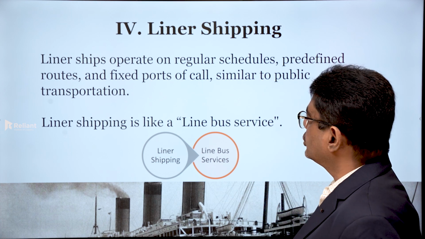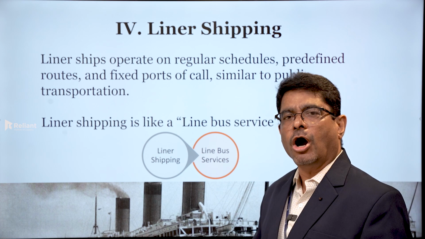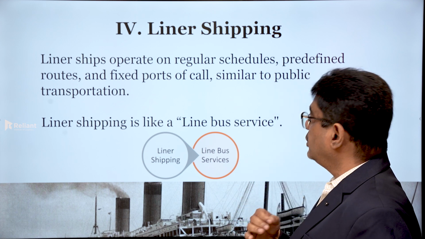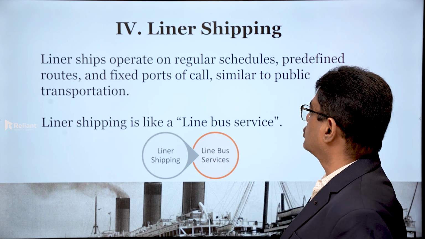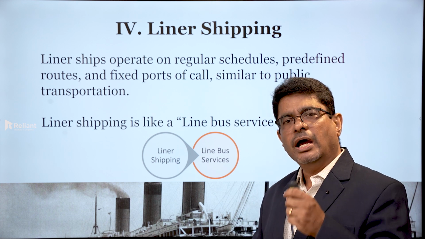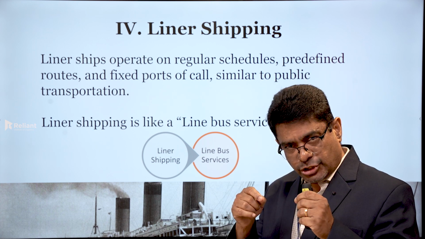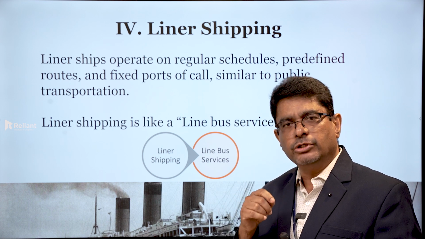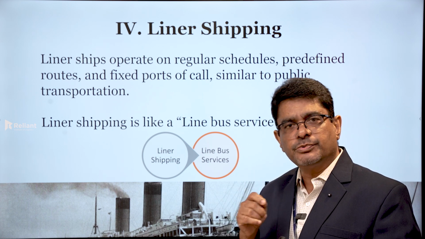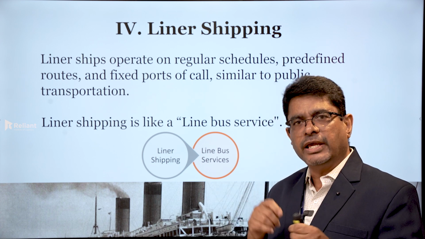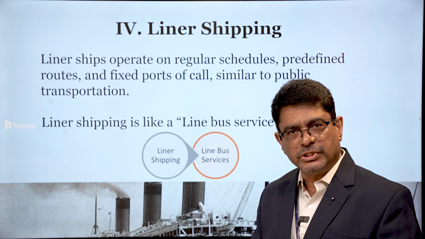Now, how about liner shipping? Liner shipping operates on fixed schedules, predefined routes, and fixed ports of call, similar to public transportation. So, liner shipping has a fixed schedule and fixed routes. Once a schedule is finalized, the ships ply between these routes. They cannot change the schedule as per their wish.